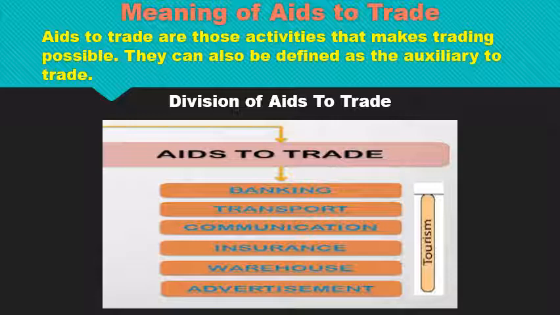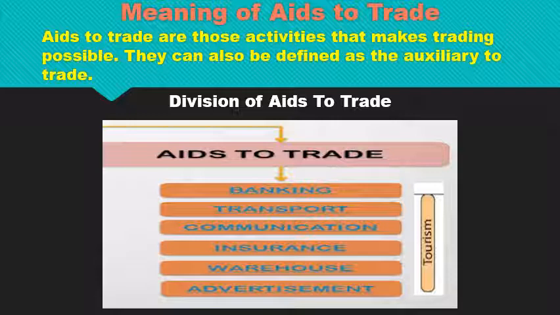The sixth one is called advertisement or advertising. Advertisement has to do with making or passing information about the existence of certain goods and services that are available in the market.